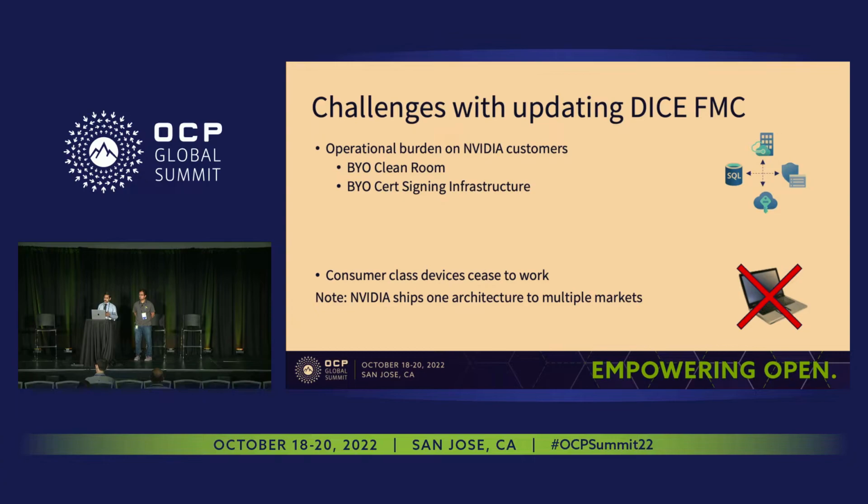There, such infrastructure simply doesn't exist. And so it is infeasible to expect a customer to be able to change the certificate chain in the field. Even if they changed it and we are trying to do remote attestation, it's not tied to the NVIDIA root CA anymore, and it still wouldn't be acceptable. Do note that NVIDIA ships the same architecture as well as implementation, or the majority of the implementation, to multiple markets. And as such, it's important for NVIDIA to support all markets with the same approach.